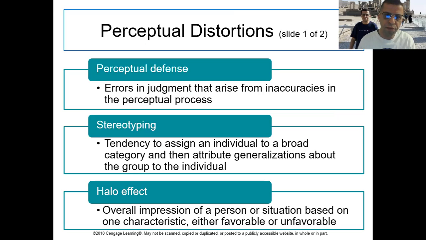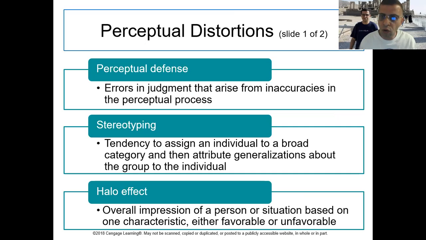And then you have what you call stereotyping. This is one of the perceptual distortions, which is the tendency to assign an individual to a broad category and then attribute generalizations about the group to the individual.